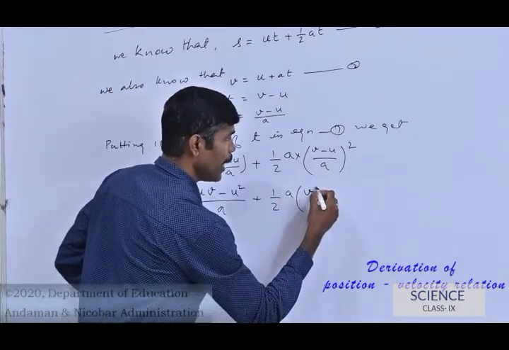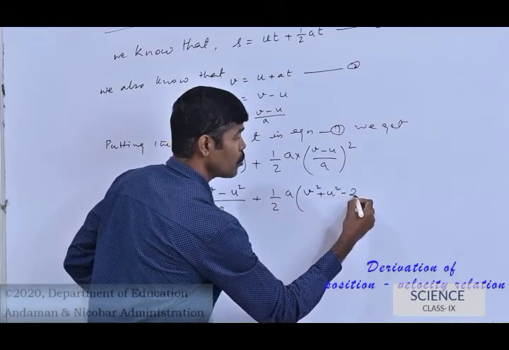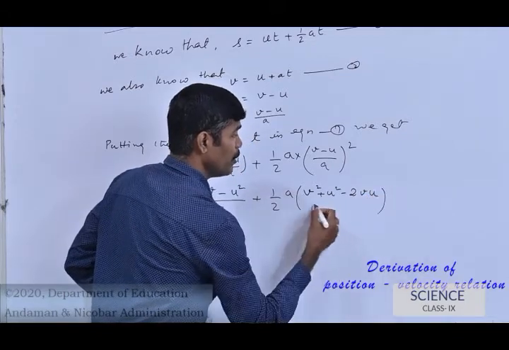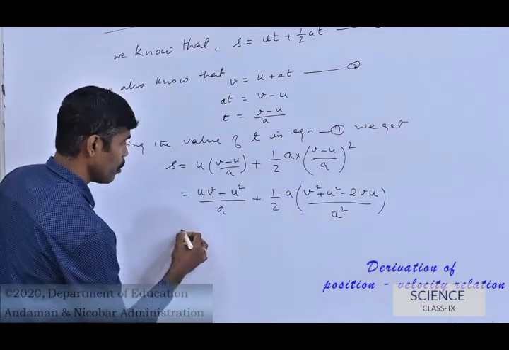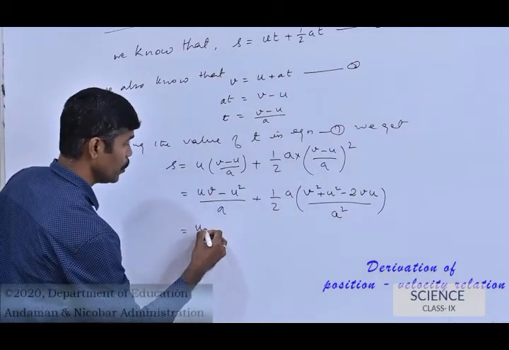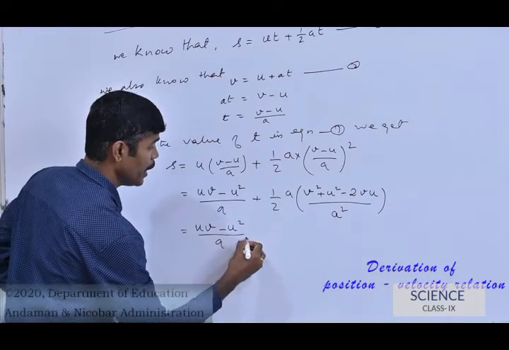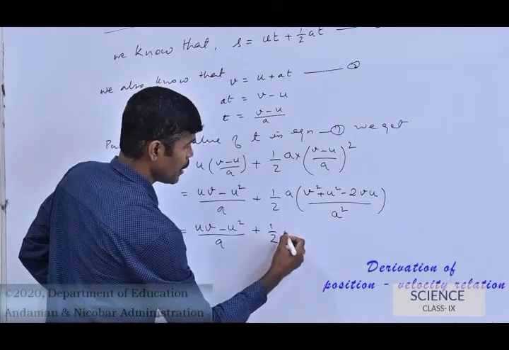So here we can write v square plus u square minus 2vu divided by a square. So further solving this, what we will get? uv minus u square divided by a plus half a gets cancelled.